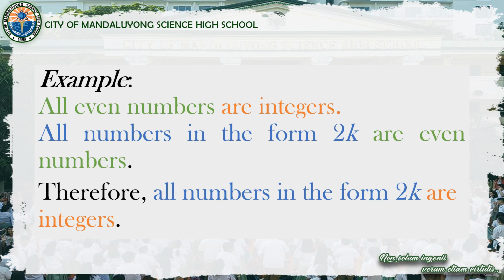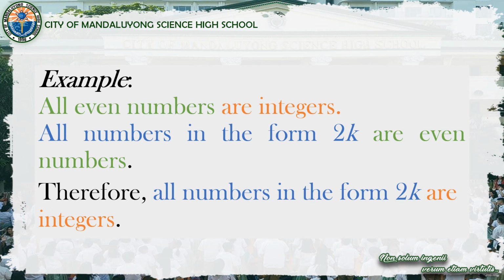Also, remember na meron din tayong validity of categorical syllogism. The first one is the middle term must be distributed at least once. In this case, ang middle term natin is yung mga green. Okay? And then next, any term distributed in the conclusion must also be distributed in the premise.